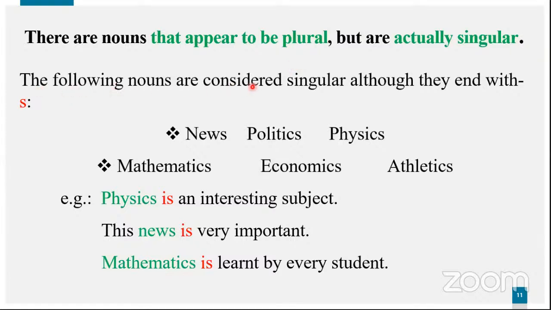The following nouns are considered singular although they end with s, right? Now look at these nouns. All these nouns end with s, right? News, ප්‍රවෘත්ති, politics, දේශපාලනය, physics, භෞතික විද්‍යාව, mathematics, ගණිතය, economics, ආර්ථික විද්‍යාව, athletics, මලල ක්‍රීඩා, right?